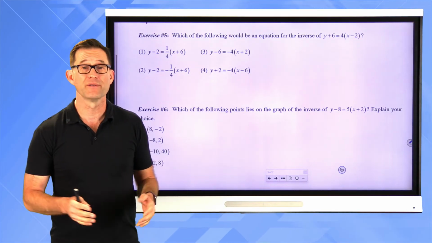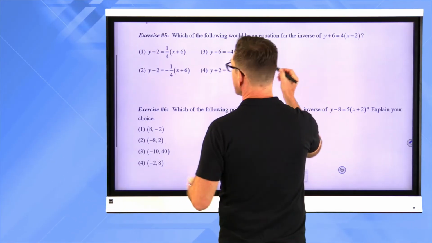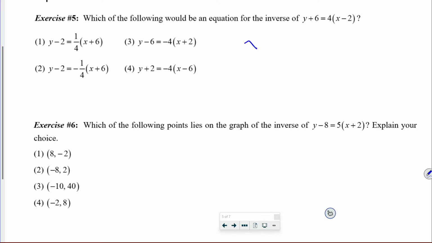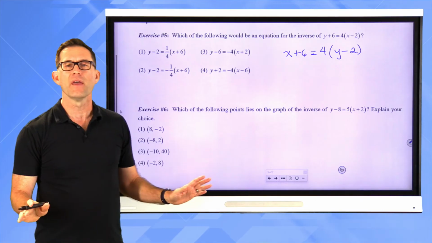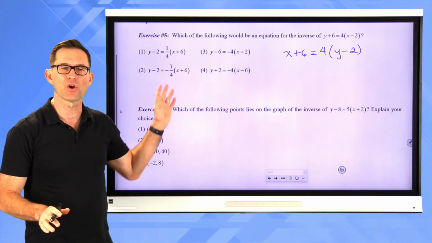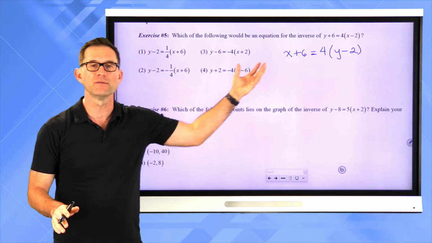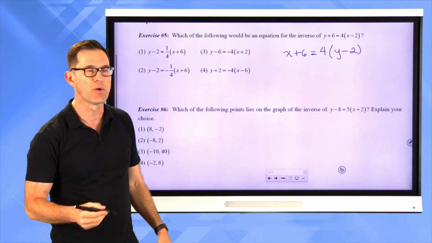This one's actually relatively simple, right? If I switch my x and y, I'll get x plus 6 is equal to 4 times y minus 2. Now, I could definitely distribute the 4 through the parentheses. I could do that, except all of these are written in point-slope form just as this is written in point-slope form.